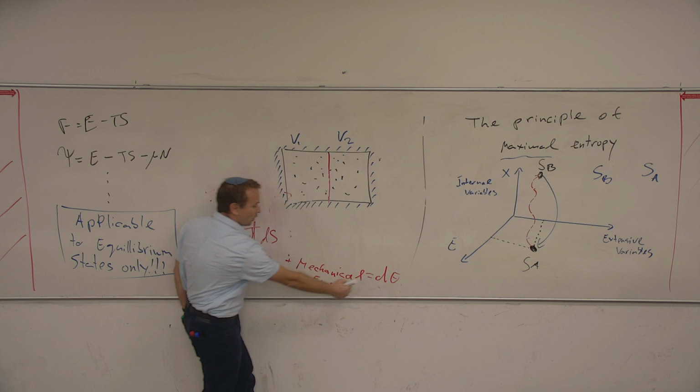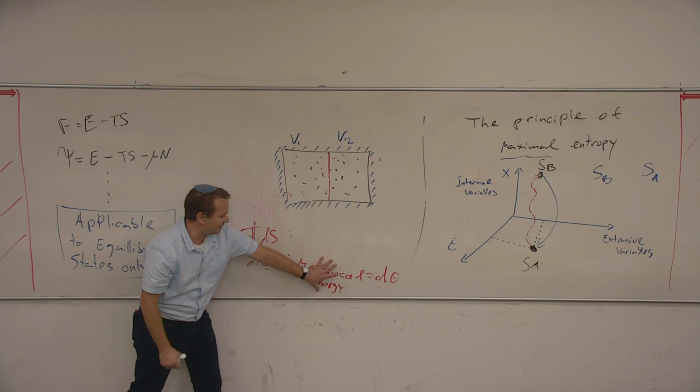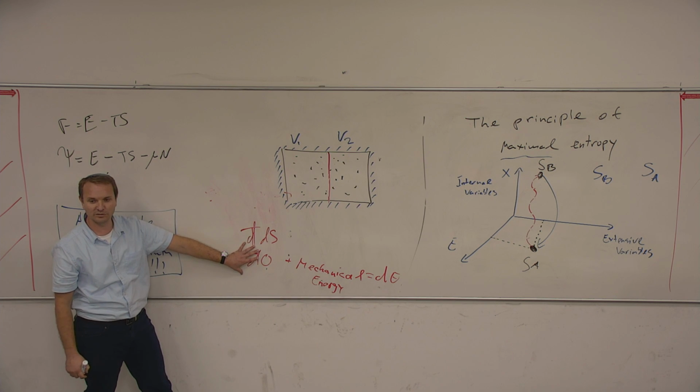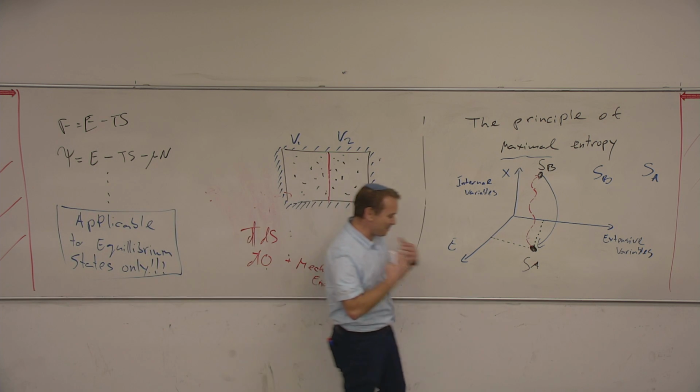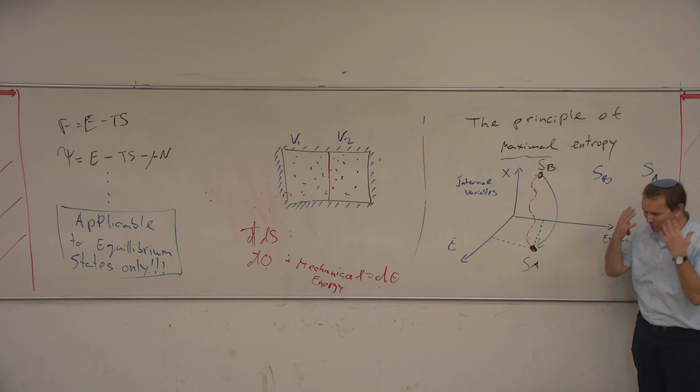So if this is 0, and I'm performing some mechanical energy, there has to be some sort of heat. So we're assuming we're conserving energy. I'm saying I'm capable of doing this, at least in my head.